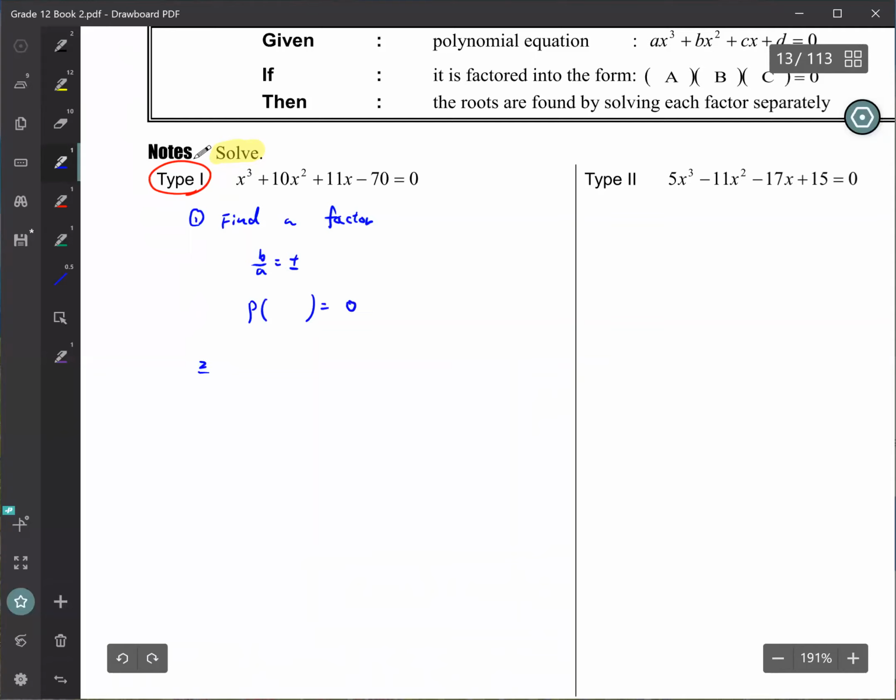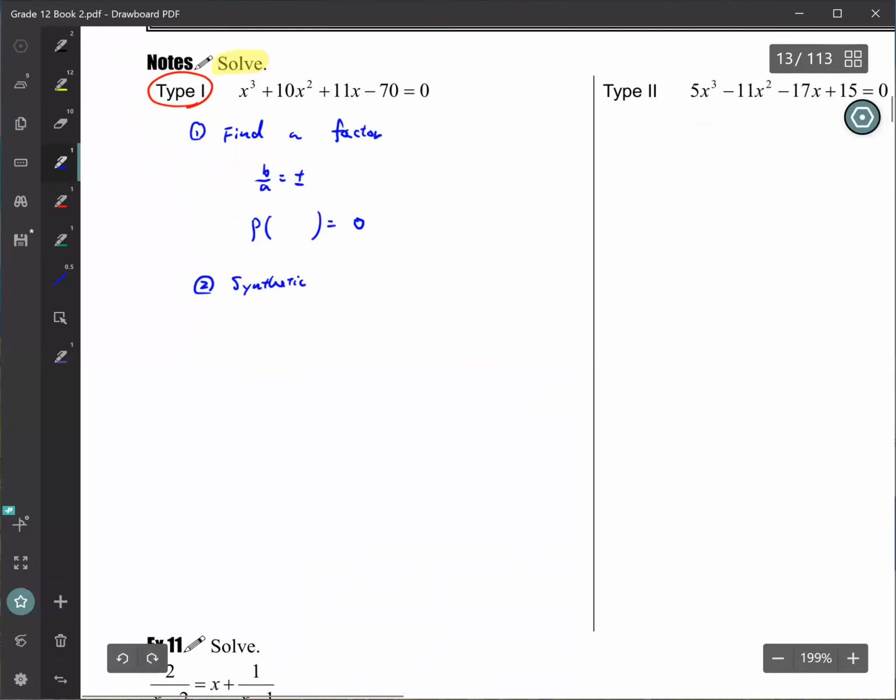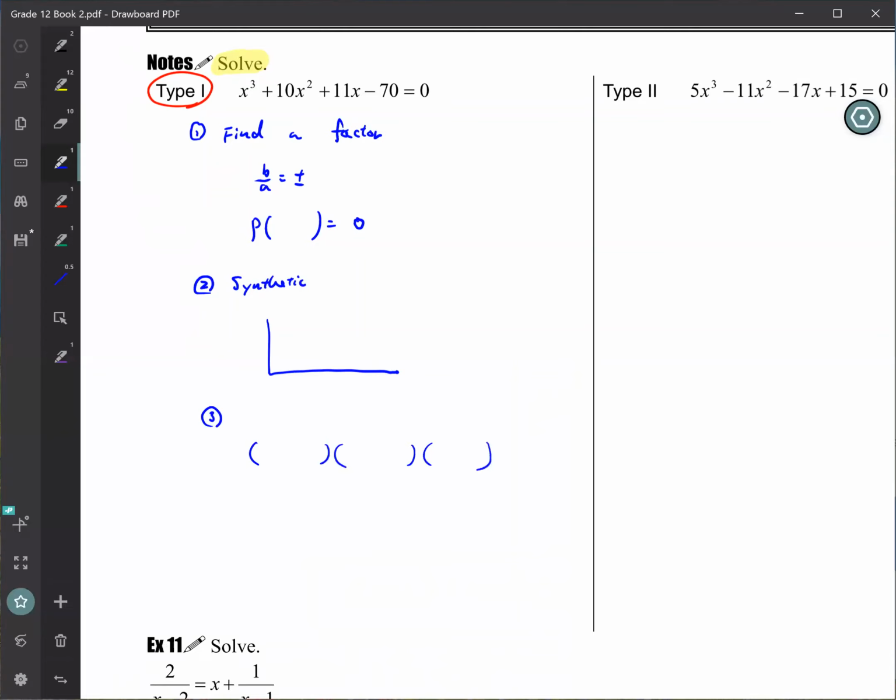Step 2, synthetic division. Step 3, get the factors. I'll let you try this out all the way to step 3, and then we'll talk about how to solve. Raise your hand once you get to step 3.